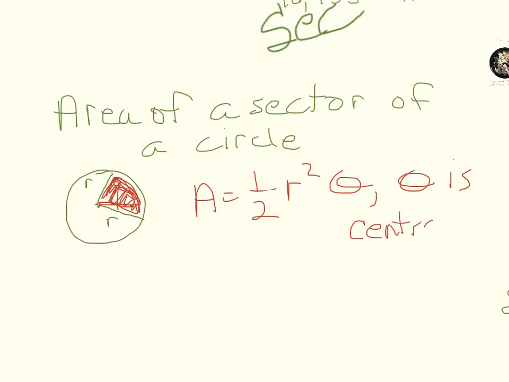What do you think we have to specify about the central angle? It has to be in radian measure. All right, so you have a sprinkler on a golf course, and it sprays over a distance of 70 feet, and it rotates through an angle of 120 degrees.